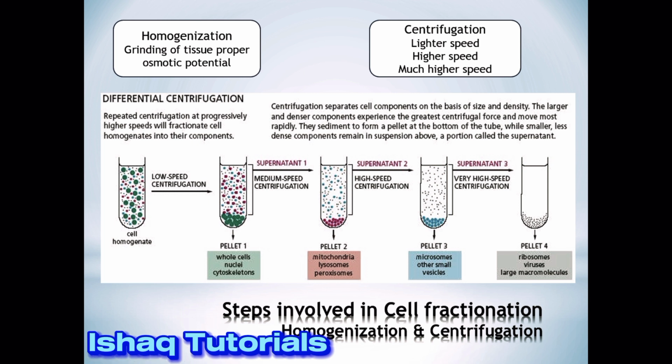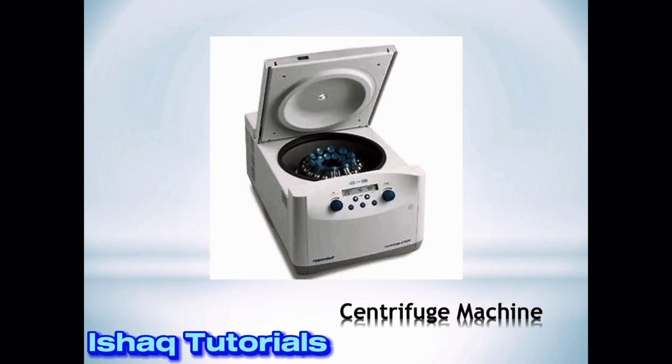So we can easily isolate various types of organelles of the cells, larger and denser organelles as well as smaller and lighter organelles, according to the speed of the centrifuge machine. In this picture, you can see the centrifuge machine in which we keep a large number of test tubes having ground tissues in their proper osmotic concentration.